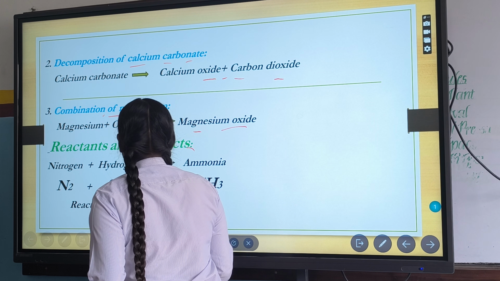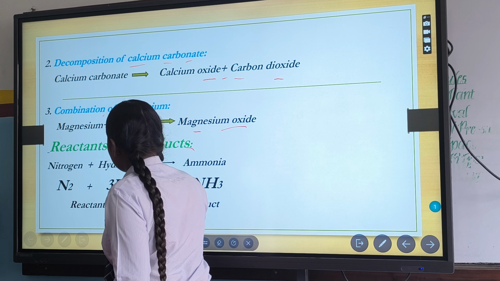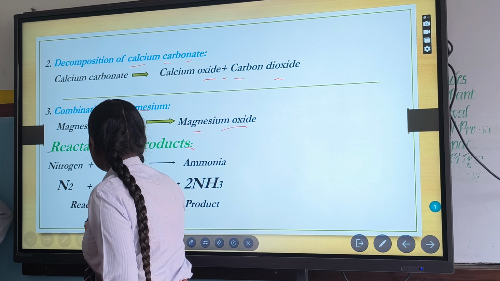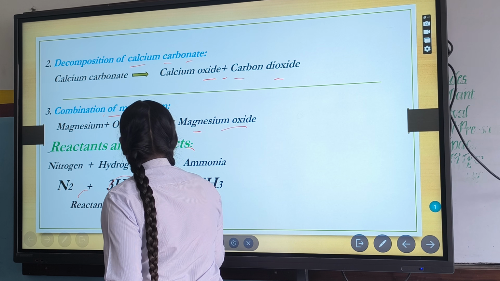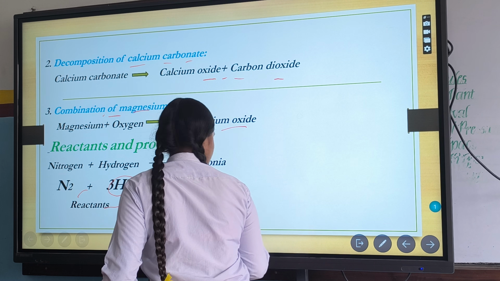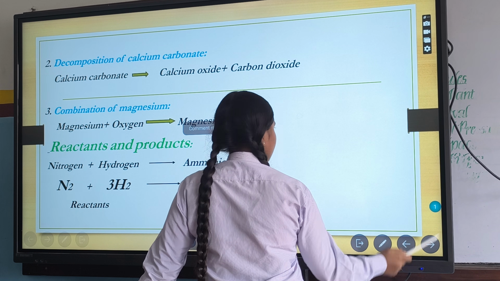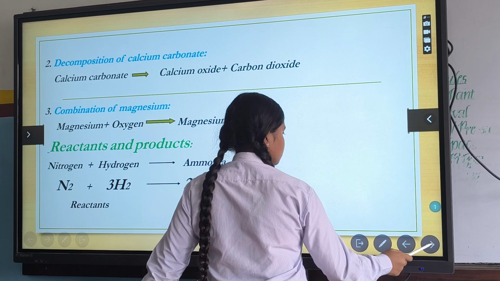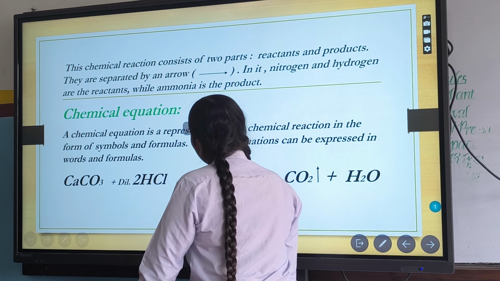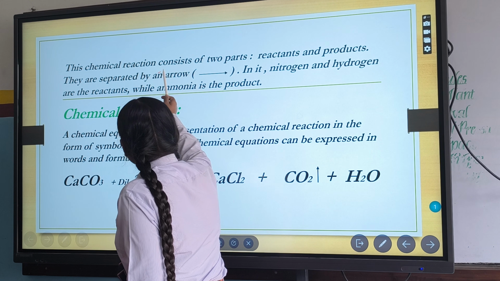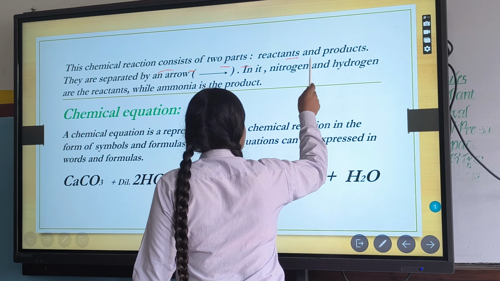Reactants and products. The substances that take part in a reaction are called reactants, and the results it forms are products. A chemical reaction consists of two parts, reactants and products.